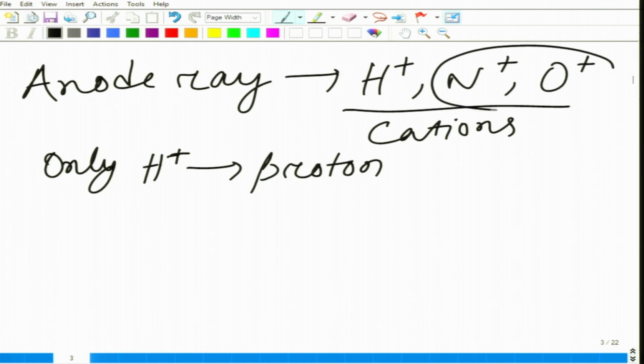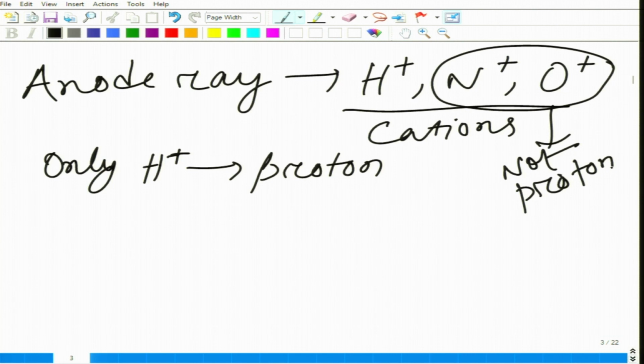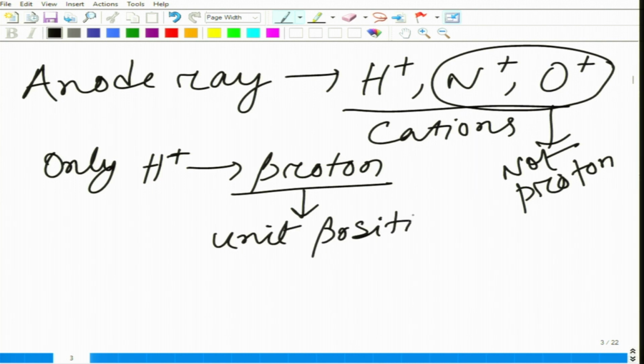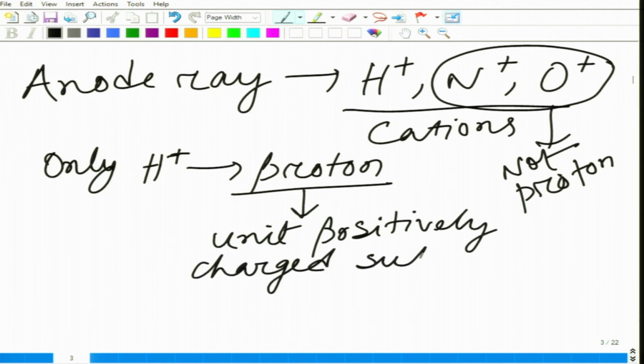Others are not proton. This is to be remembered. Proton is the unit positively charged subatomic particle.